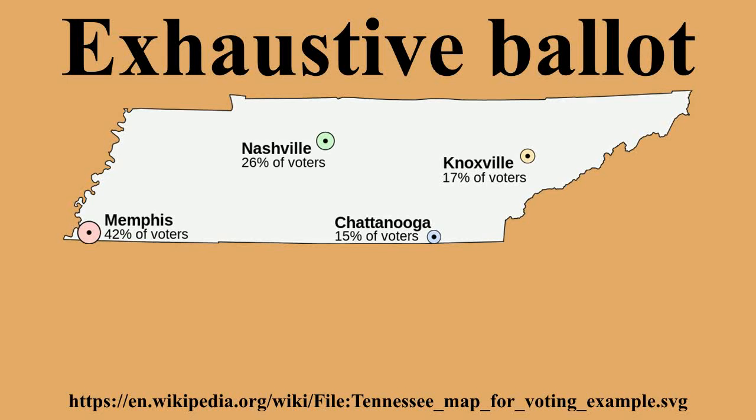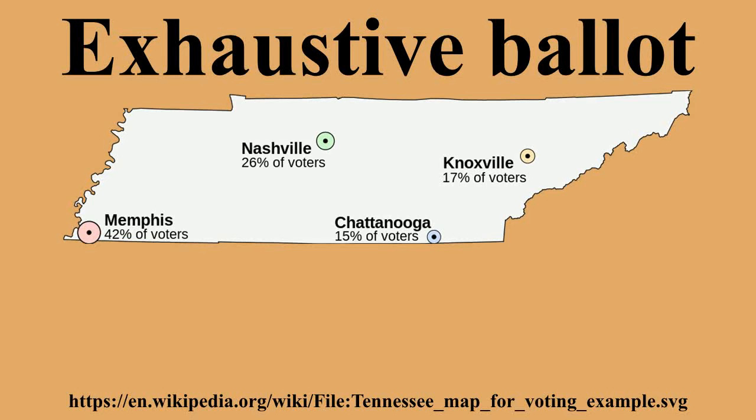There is then a second and final round, because, at most, it requires voters to return to the polls only once. The two-round system is considered more practical for large public elections than the exhaustive ballot, and is used in many countries for the election of presidents and legislative bodies.